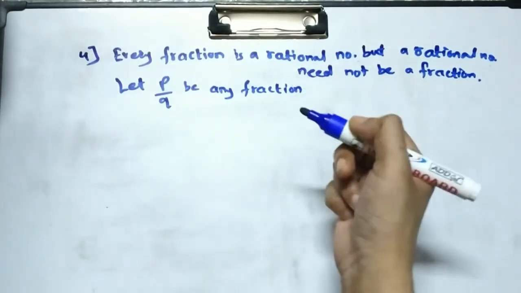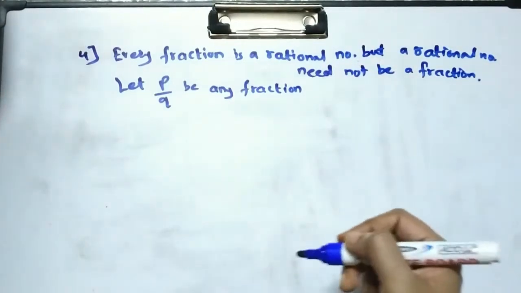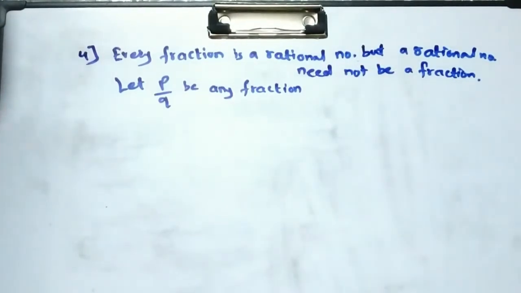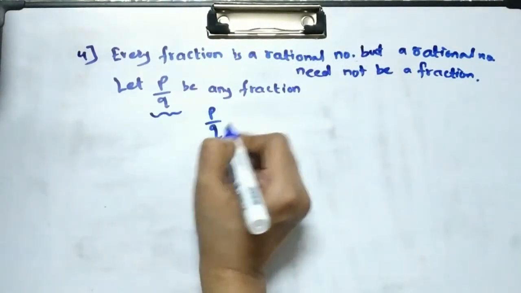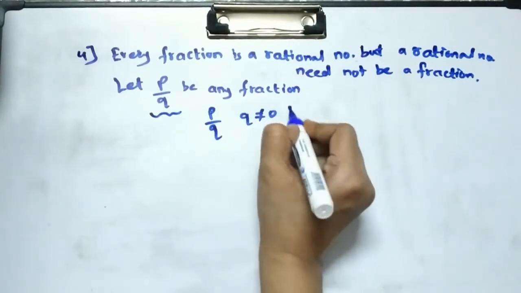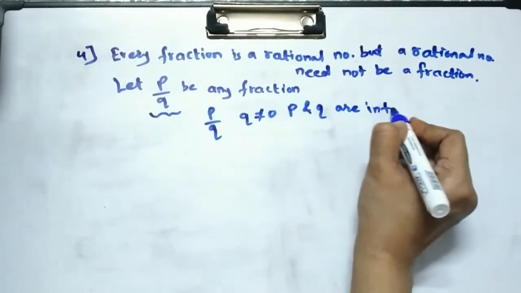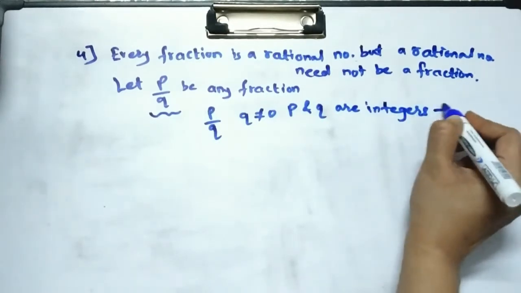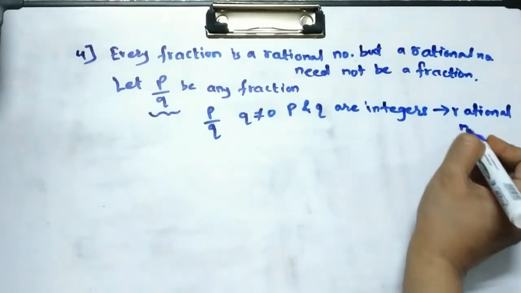Here P and Q are natural numbers. Since every natural number is an integer, P by Q is the quotient of two integers where Q is not equal to 0, which makes it a rational number.